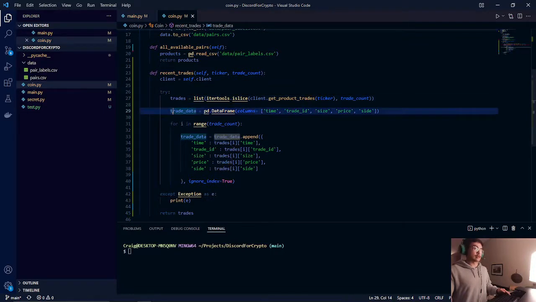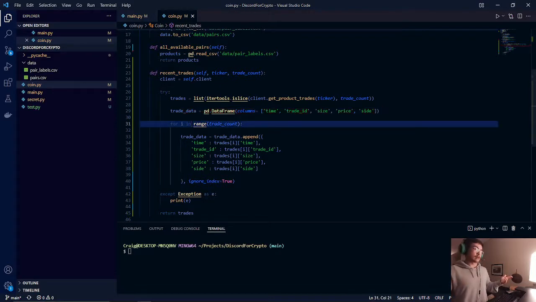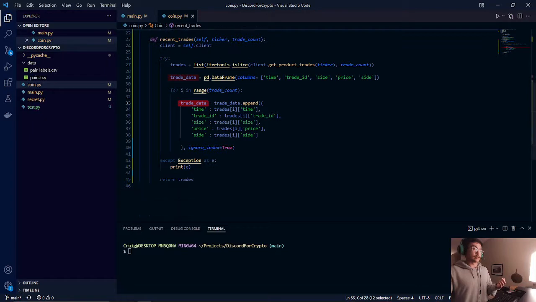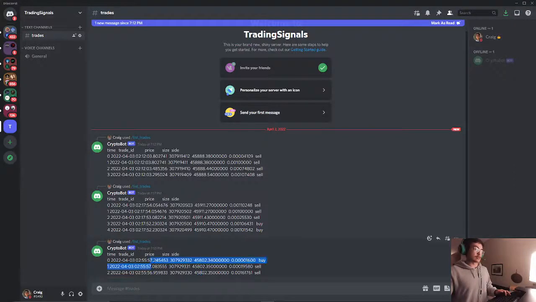And then in this line of code, we are basically creating an empty data frame, and then we will be having our for loop count up into our most recent trades, and it will append the trading data to our empty data frame, trade data. And that's basically what is going on. It will return a data frame to our Discord server, telling us what the most recent trades were for that ticker label, and just general information about that.